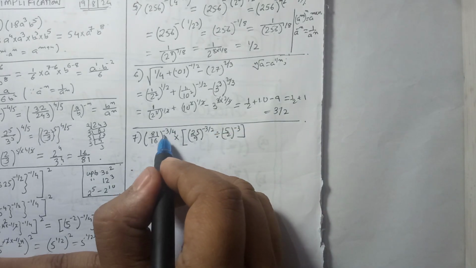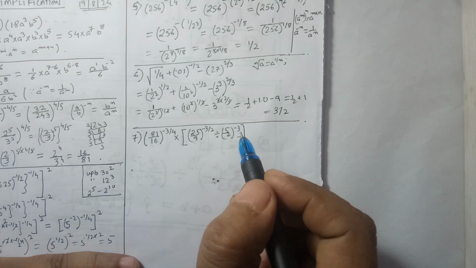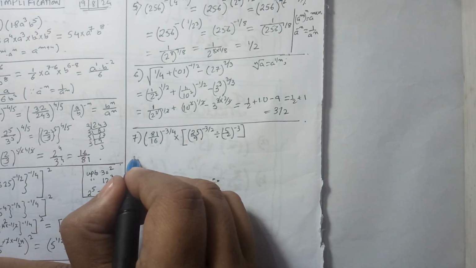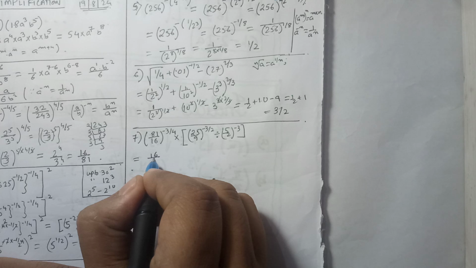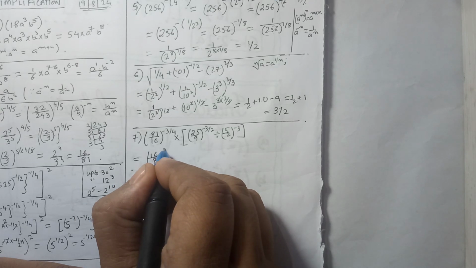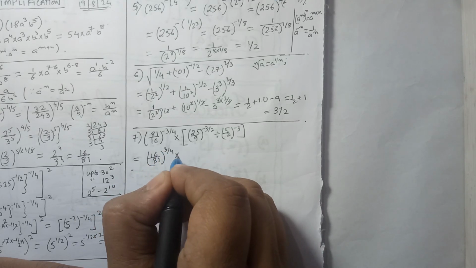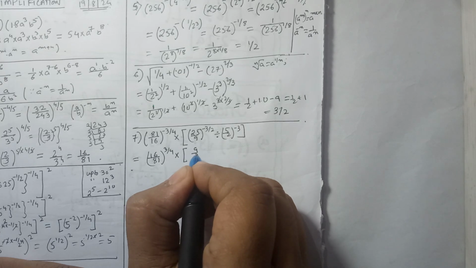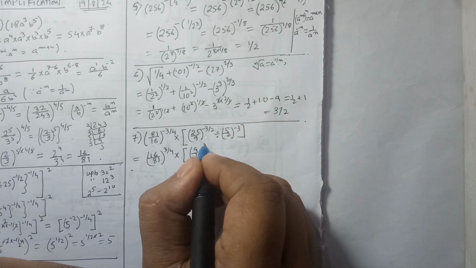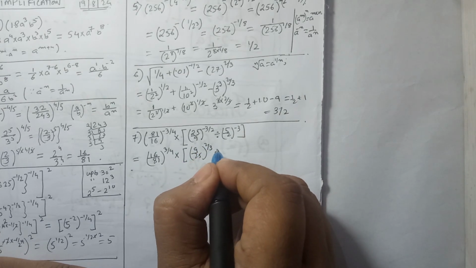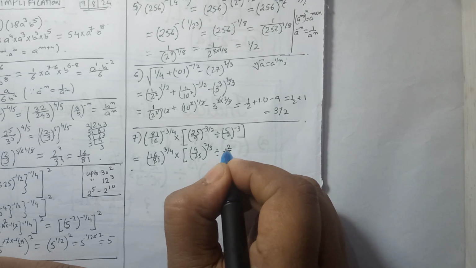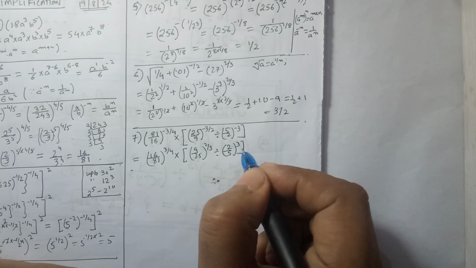First of all, we'll make all the exponents positive, and for that we take a reciprocal, into 9 by 25. Am I right?